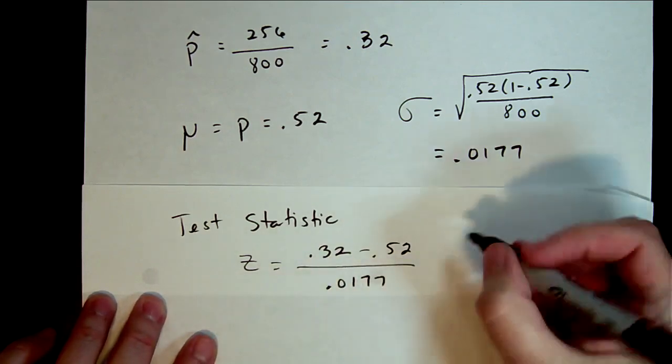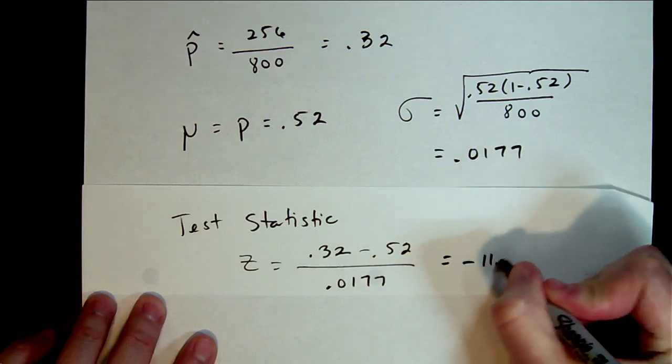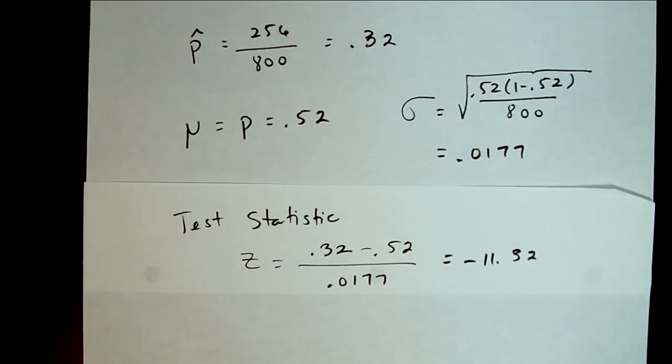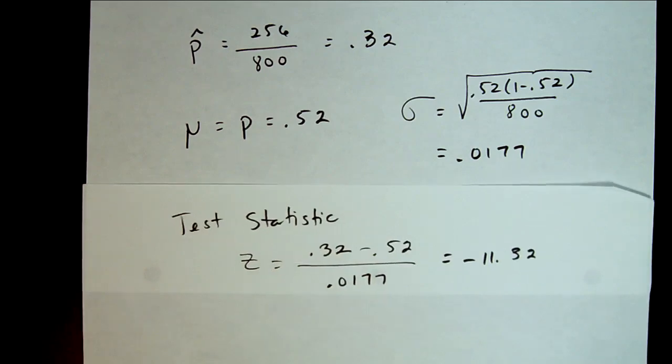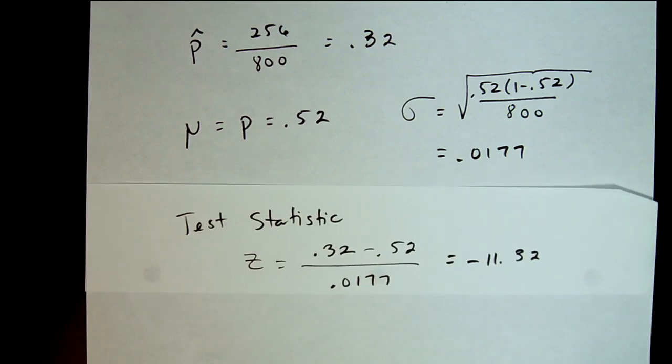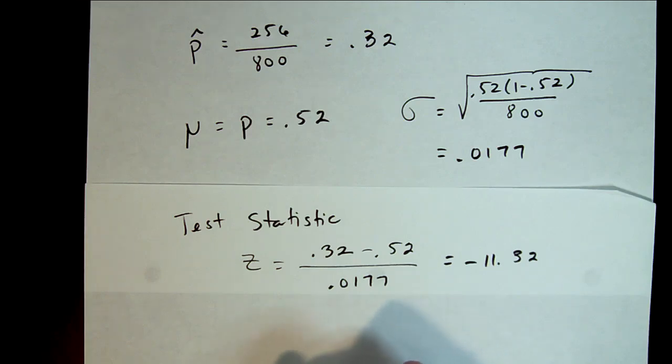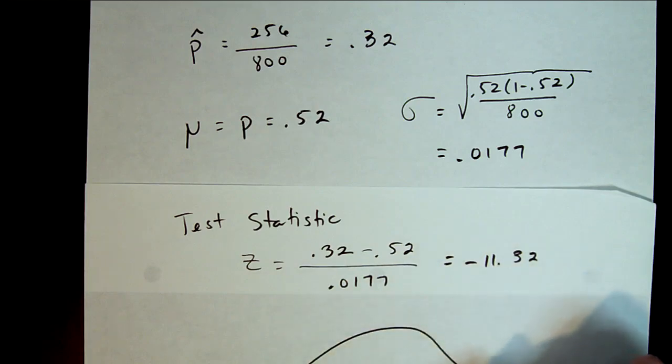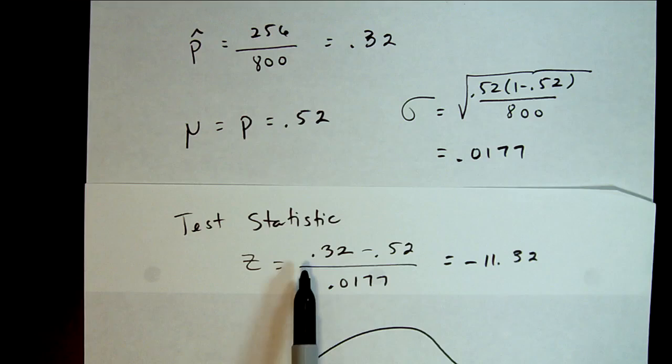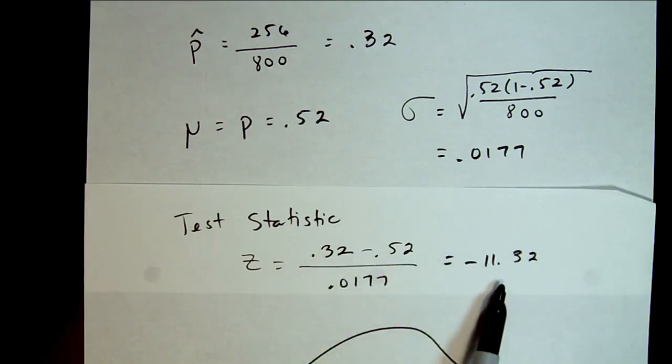Doing that on a calculator, you get negative 11.32. So this is just the formula for the z-score. We took our point estimate and converted it into a z-score.